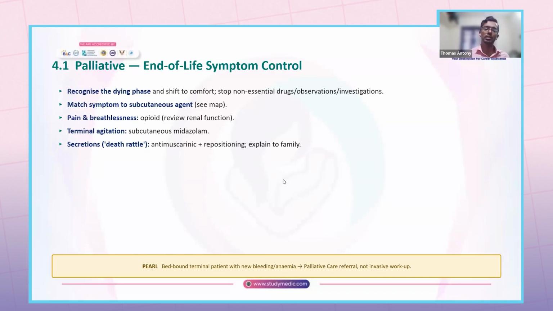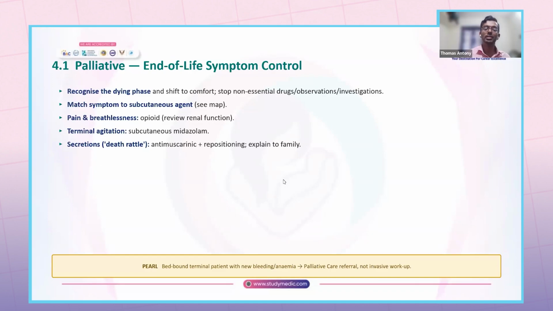Pain and breathlessness, the treatment of choice will be opioid. This is not only in case of malignancy, this can be extended to other causes like severe cases of interstitial lung disease or COPD, when the patient is having persistent breathlessness even with maximum medications, more towards an end stage of the disease. In such cases, we have to administer opioids, which can ease the breathlessness.